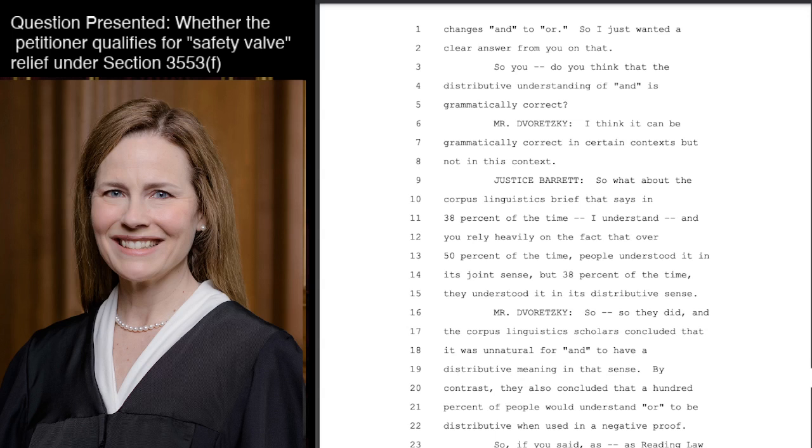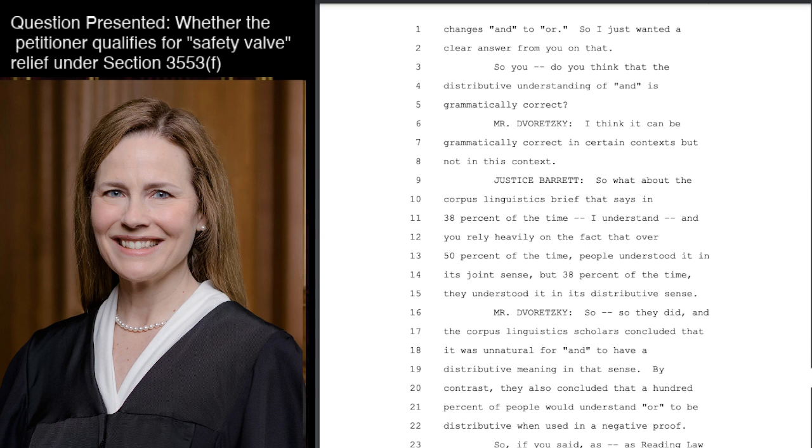So what about the corpus linguistics brief that says in 38% of the time, I understand, and you rely heavily on the fact that over 50% of the time people understood it in its joint sense, but 38% of the time they understood it in its distributive sense. So they did, and the corpus linguistics scholars concluded that it was unnatural for "and" to have a distributive meaning in that sense.